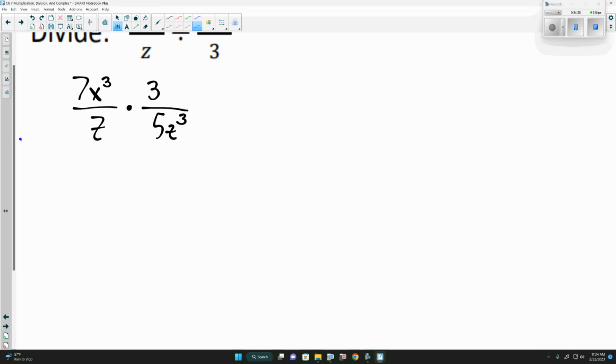No matter which rational expressions we're dividing, I would do this first. Because once we have it changed from division to multiplication, we can treat it like a multiplication problem. So here we'd multiply straight across. We multiply the 7x cubed and 3. Well, 3 times 7 is 21, x to the third.